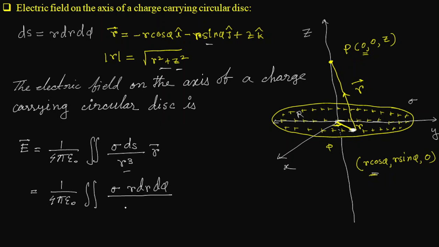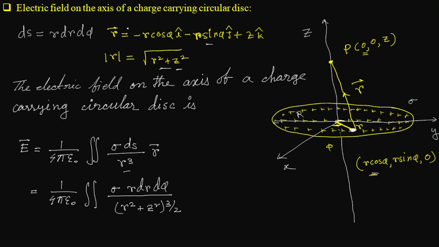So what will be the value of r cube? R cube will be r square plus z square whole to the power 3 by 2.